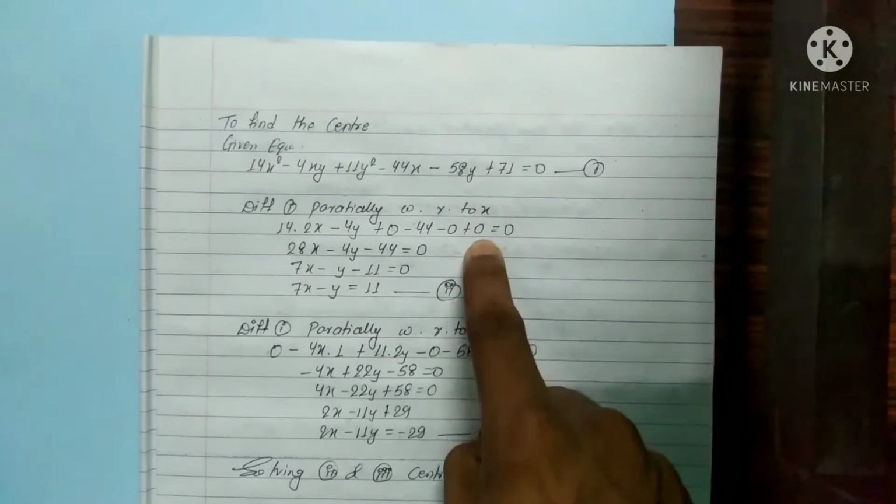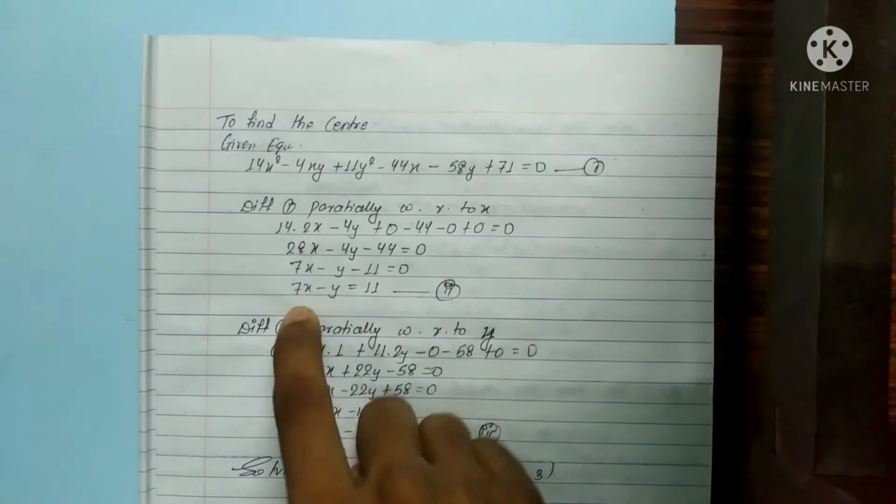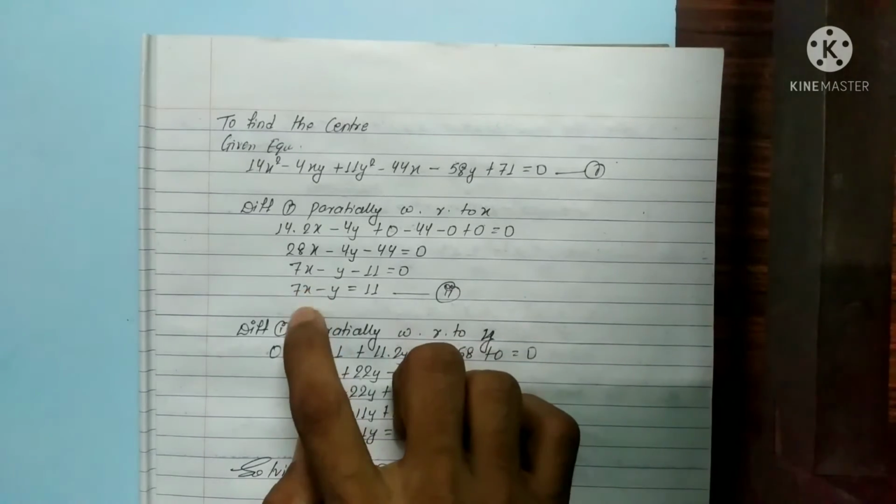The derivative of minus 44x is minus 44, and the derivative of minus 58y and of the constant 71 is 0. We found the equation 7x minus y is equal to 11.